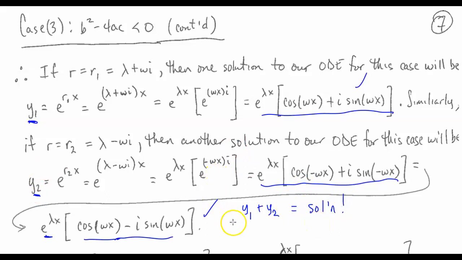Okay. If I subtract these two, it would also be a solution. If I did 2 times one of these solutions minus 2 times the other, this would also be a solution.